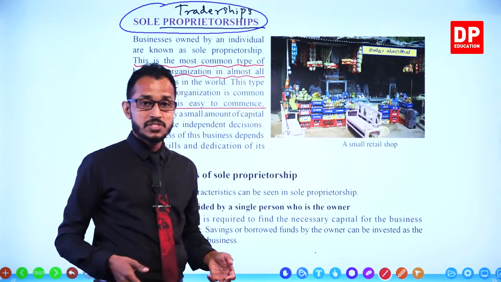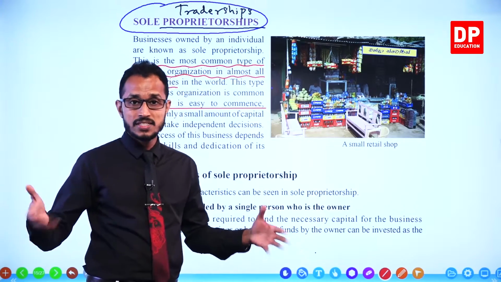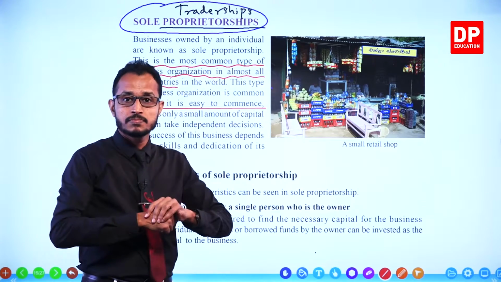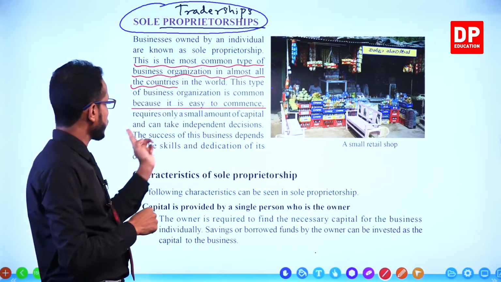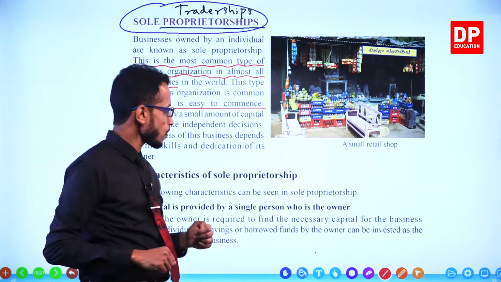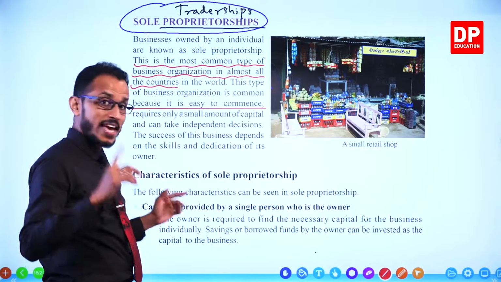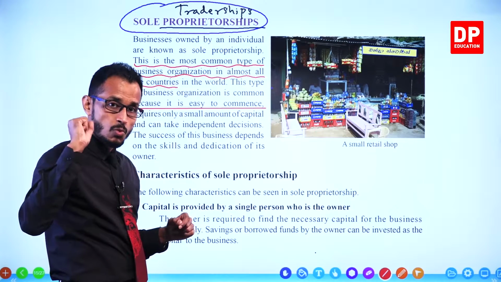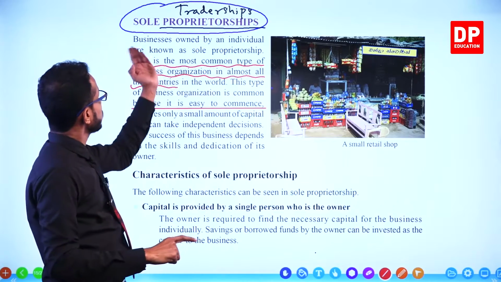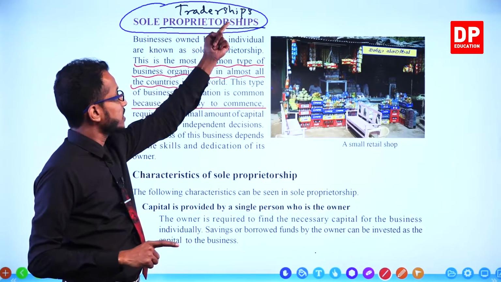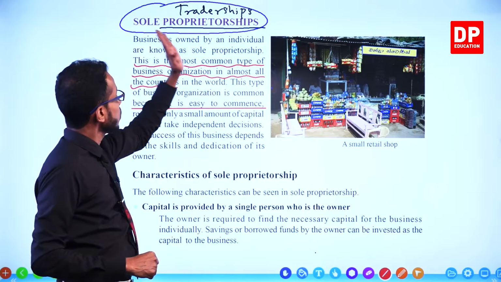He can commit his time, Siripala, and develop his business. There you go, children. The first type of organization is one-owner businesses, which are called sole traderships or sole proprietorships.